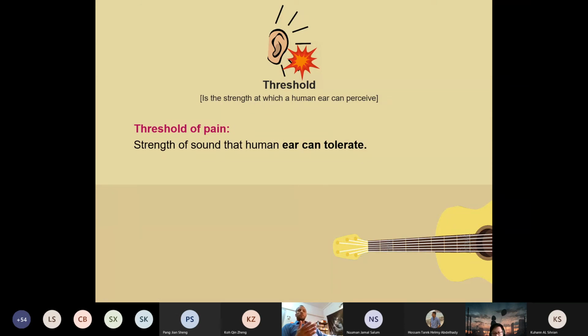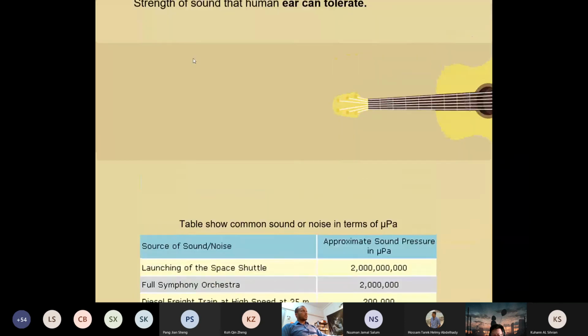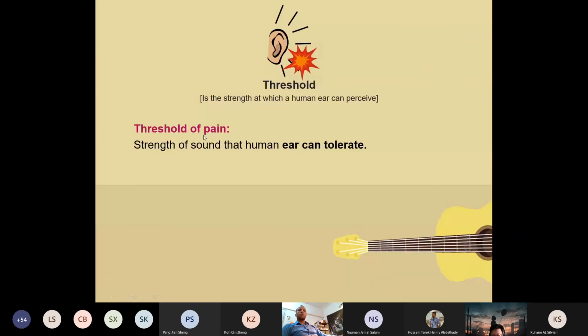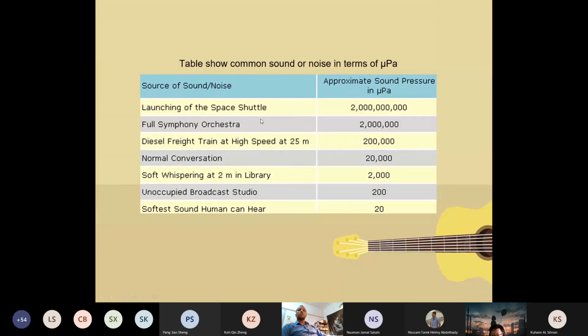You know, sound is even used to punish prisoners in some countries. They increase the sound until it reaches the threshold of pain, so it will be really painful for them.